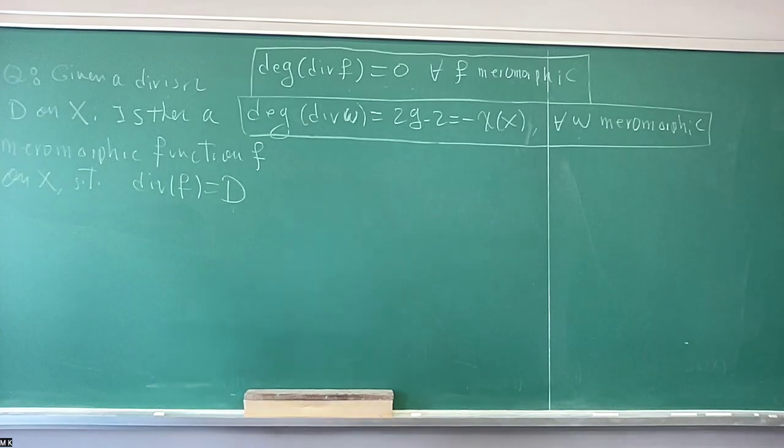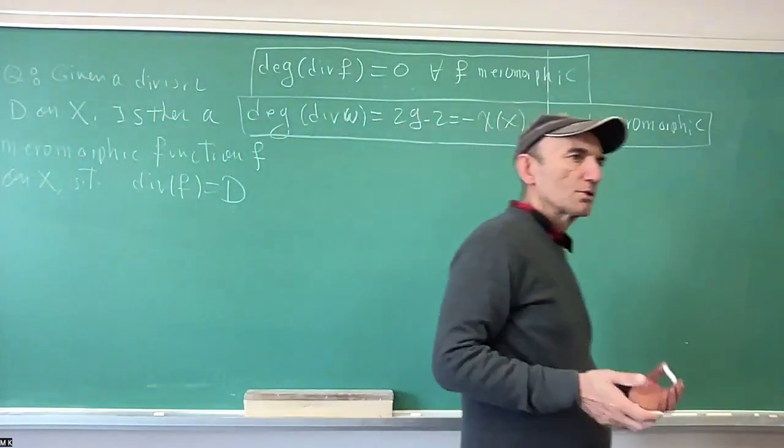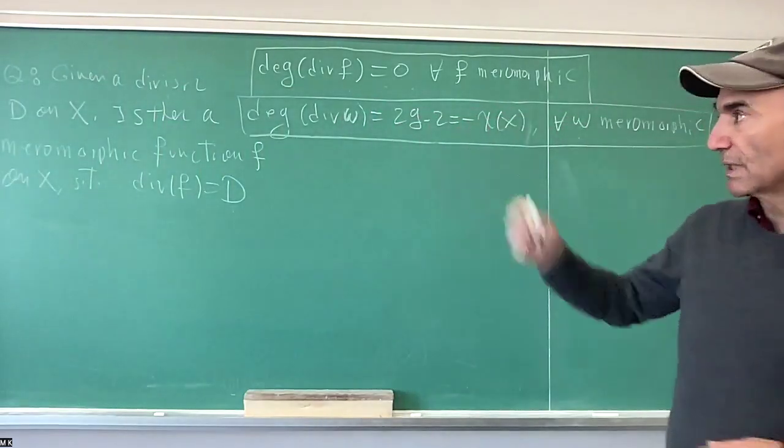This is a question that you must have come across in complex analysis. They give you some points as zeros with some orders of zeros and some points as poles, and they ask you, is there a meromorphic function with those points as zeros and those points as poles? This is a very legitimate, valid question. It is very easy to answer on C, because C is not compact in the form that is given.